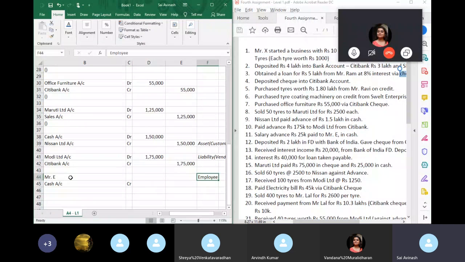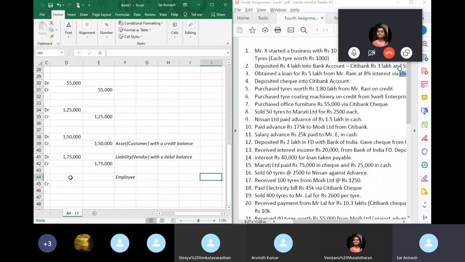Is my employee an asset or a liability? Let's try to understand. An employee is somebody I pay money to because he's giving me services, so common sense dictates it should be a liability.